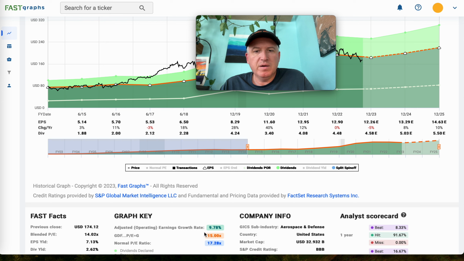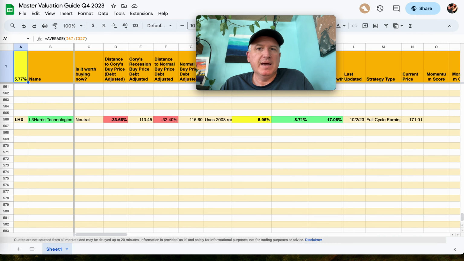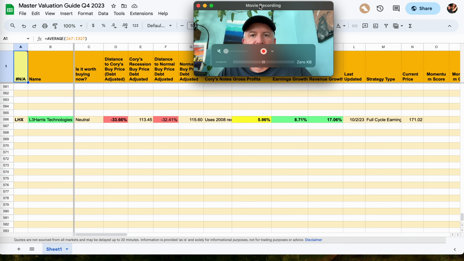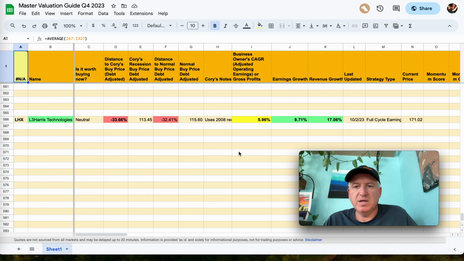But for here, FastGraphs is estimating 9.78% earnings growth over this time period. And let's see what I have. I don't remember what it was. So mine is slightly more conservative here. This is the spreadsheet that we use in the Cyclical Investors Club.